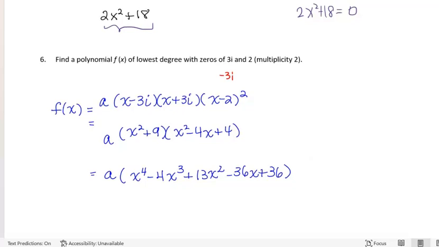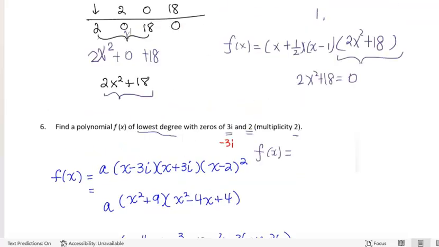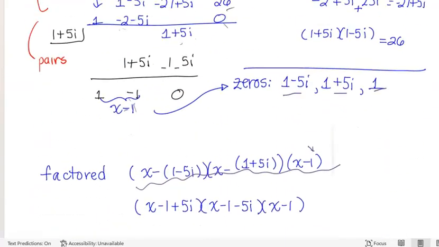Next example, we use the theorem. You see, it says: find the polynomial of lowest degree with zeros of 3i and 2, where the multiplicity of 2 is 2. So based on all this, we can write f(x) using the theory here.